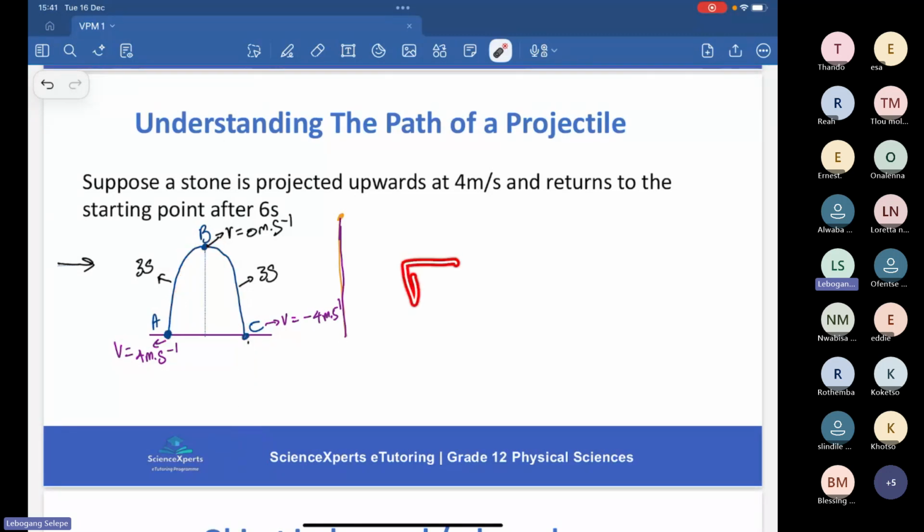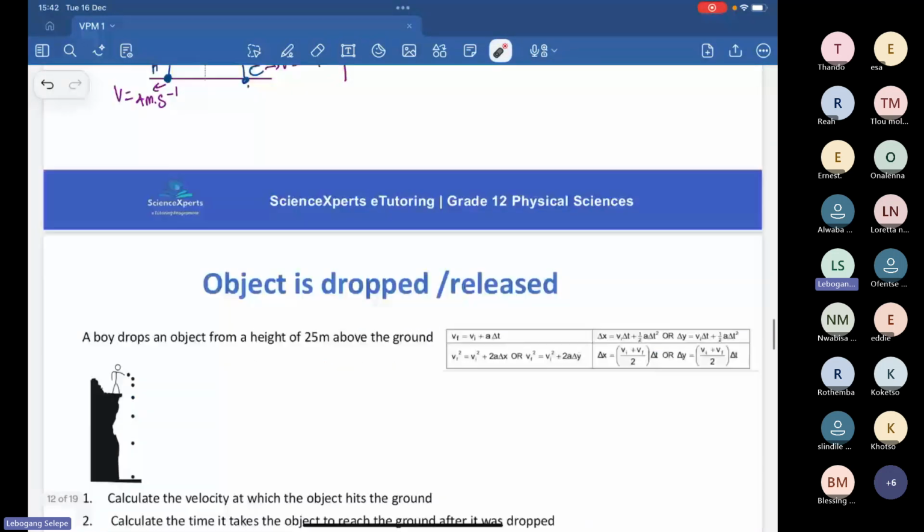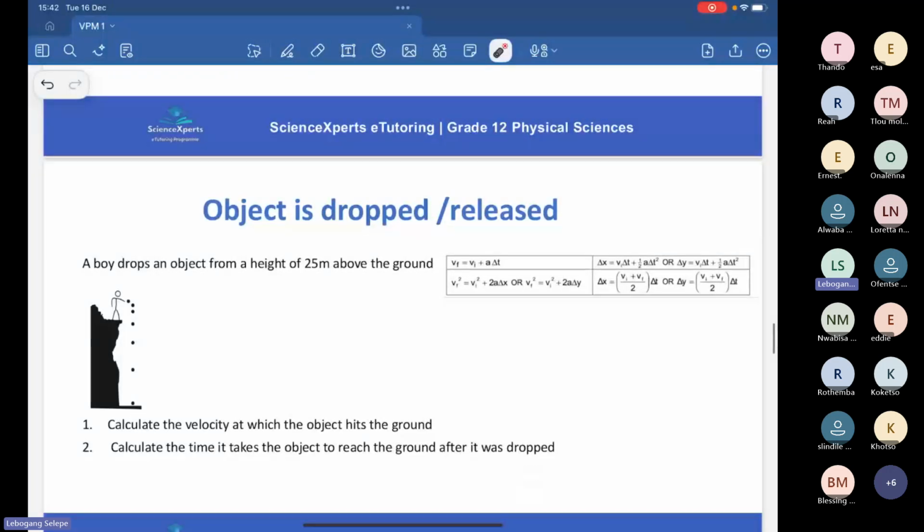Maybe if an object was thrown from the top of a building, they throw it up. So it's going to move up, reach a maximum height, then start going down again, like that. You see that we can get different combinations of the graph, but you need to be able to do that on your own, right?